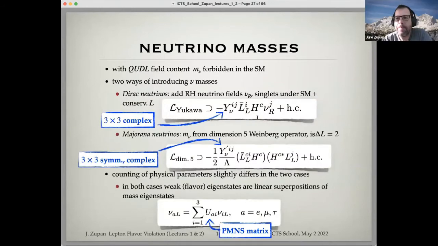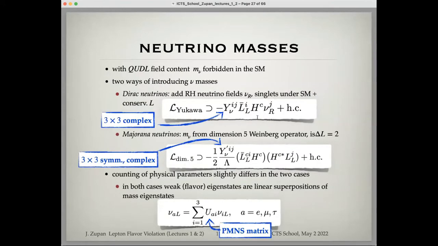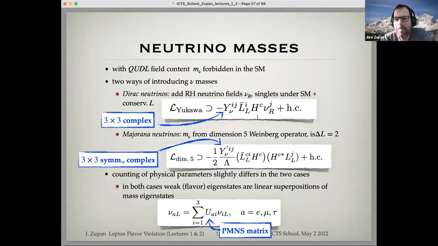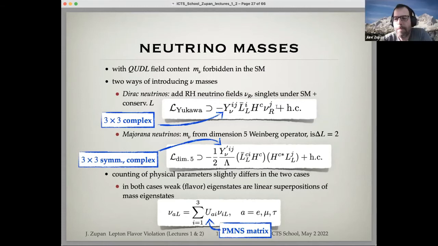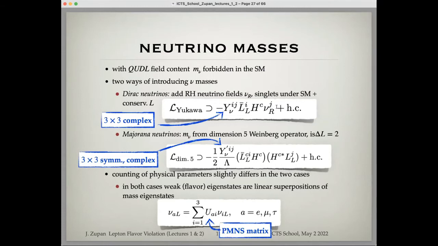So when you do the neutrino mass with Dirac neutrinos, right, that right-handed inserted one is completely sterile. Is that correct? I just wanted to check that I'd remembered correctly. So this one has no observable effect apart from generating the mass, in terms of the standard model. Yes, that's correct.